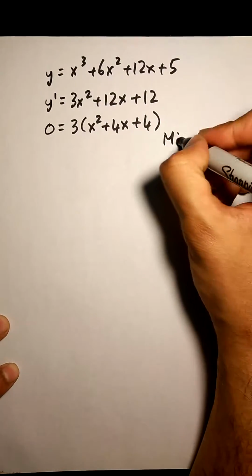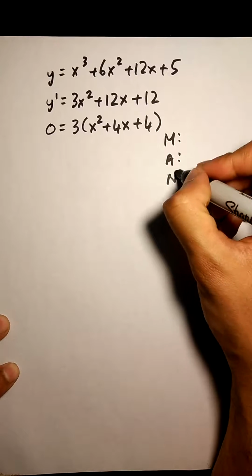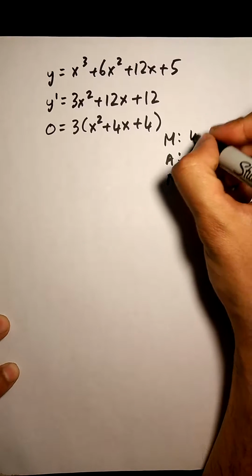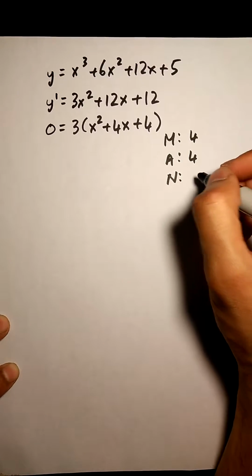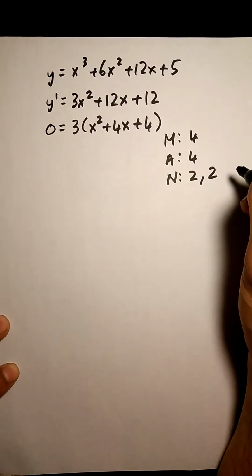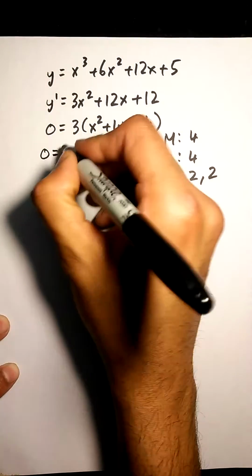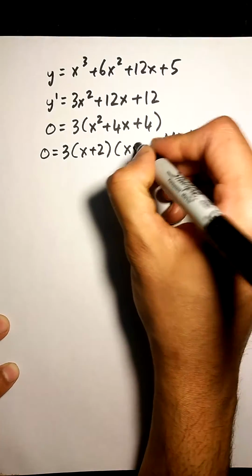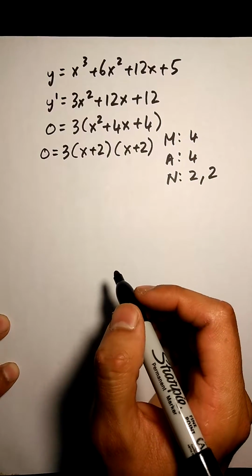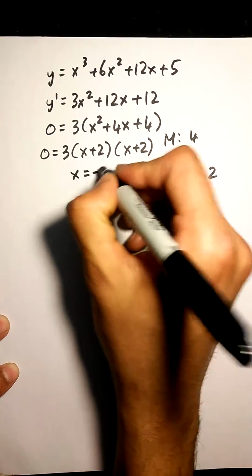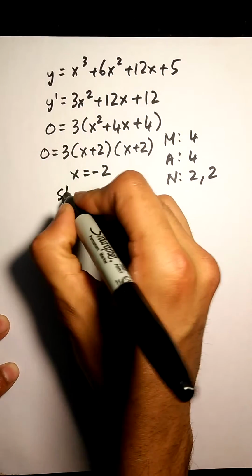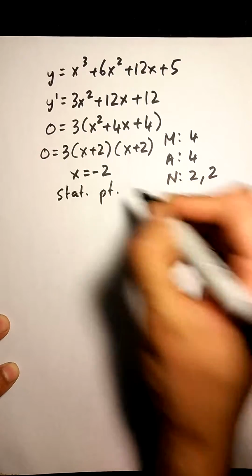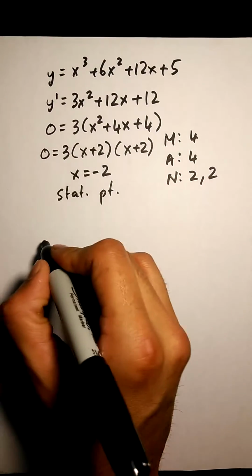I have to factor this here by my man method since there are 3 terms. I'm going to find one stationary point to be x equals -2.